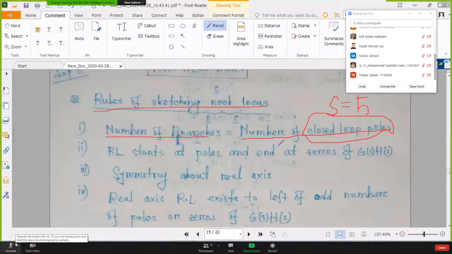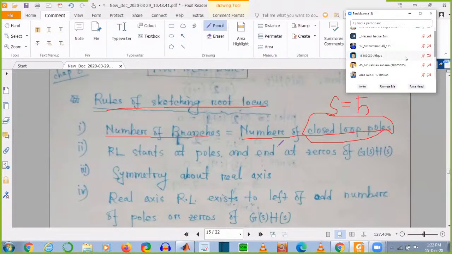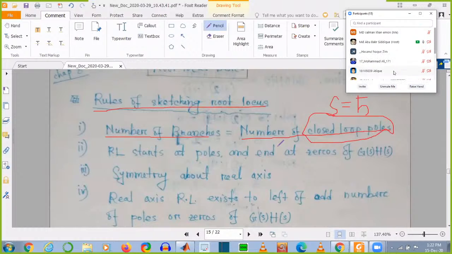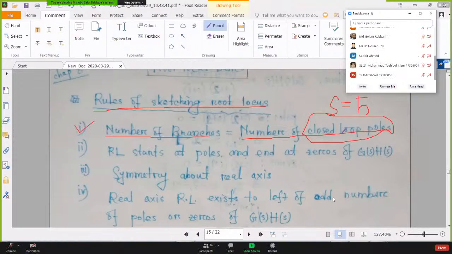If your system has 6 poles, then 6 branches. If it has 2 poles, then 2 branches. If there are 3 poles, then 3 branches, like that. So this is rule number one: number of poles equals number of branches.